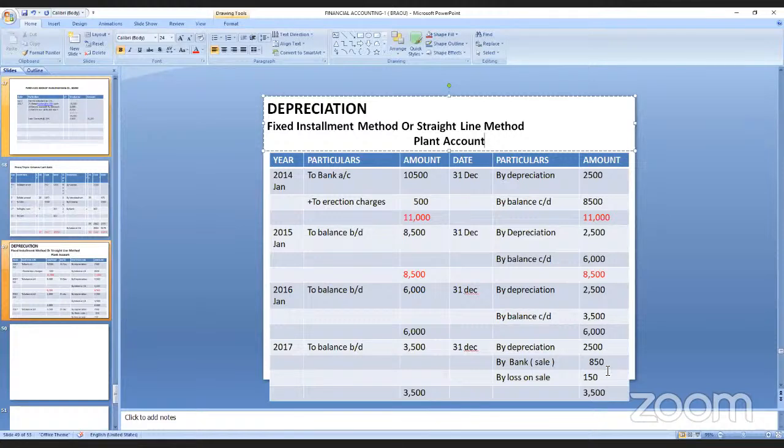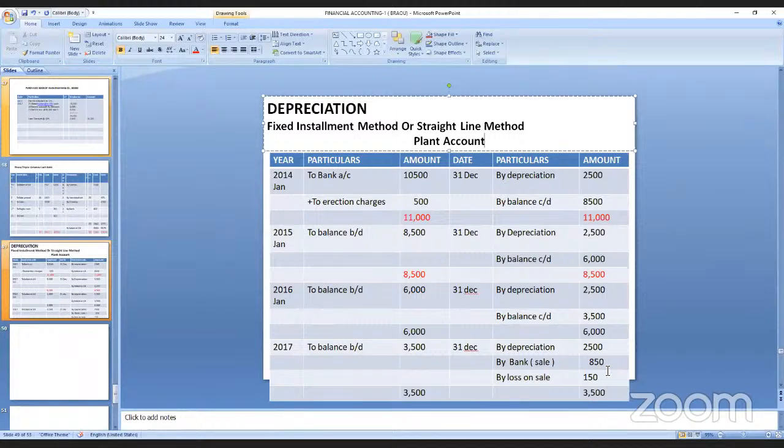For 4 years, what is the depreciation? 2,500 into 4 is 10,000. To the 10,000 you add the 850.